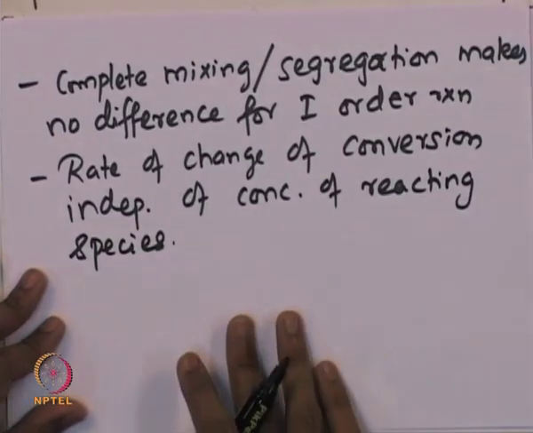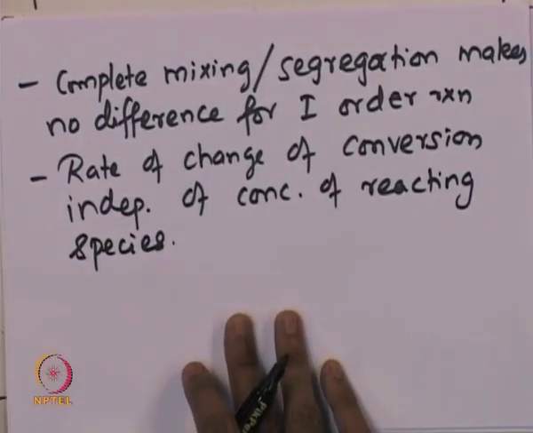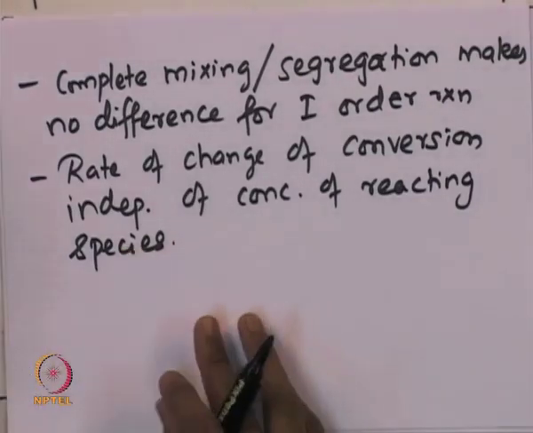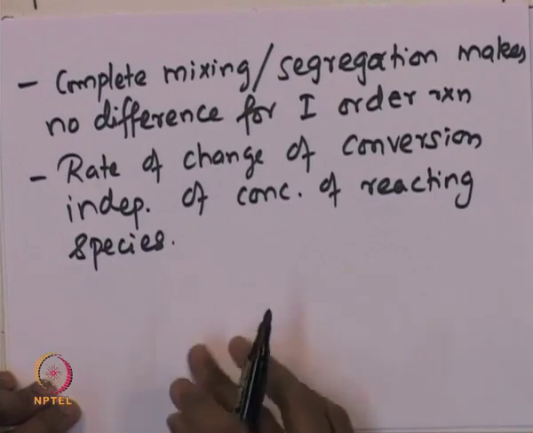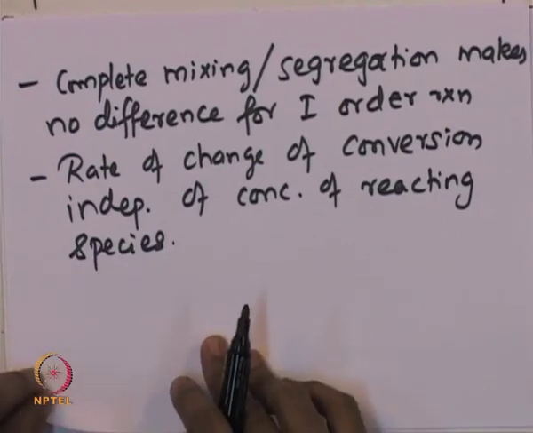This is the reason why for a first order reaction, the RTD function alone is sufficient to predict the conversion that is achieved by the non-ideal reactor.